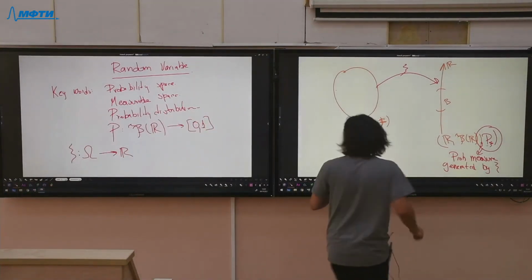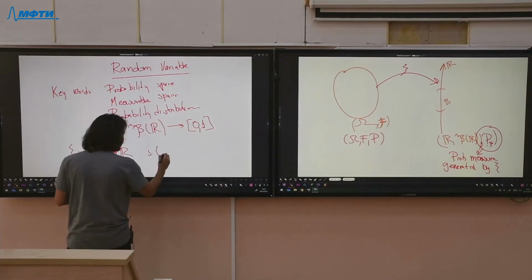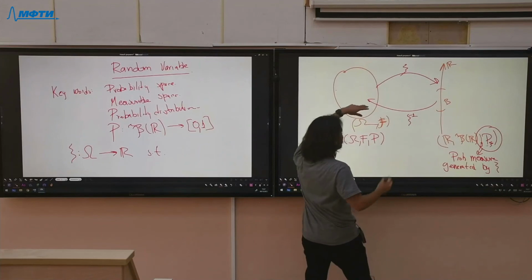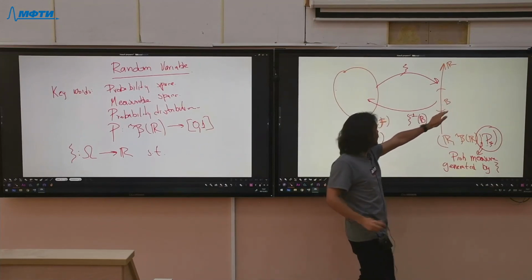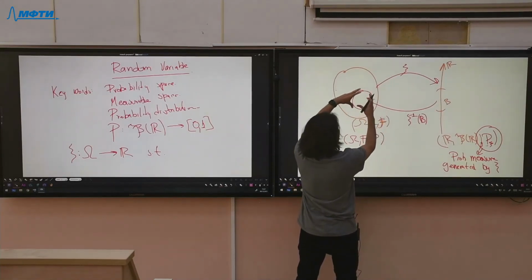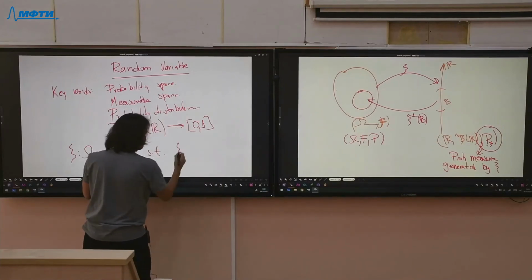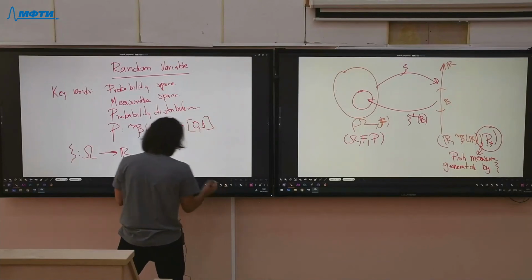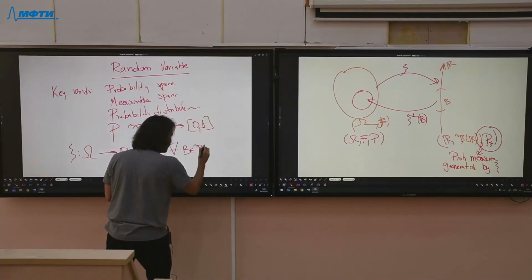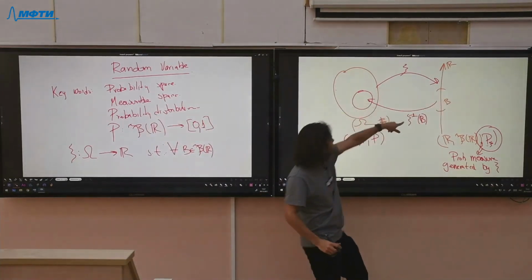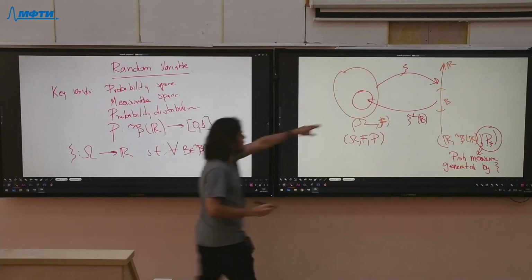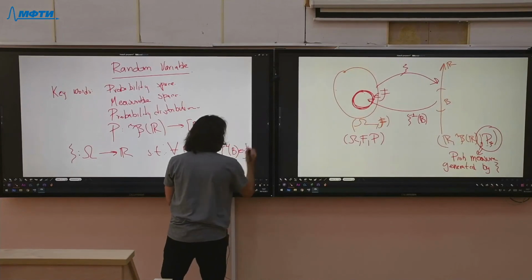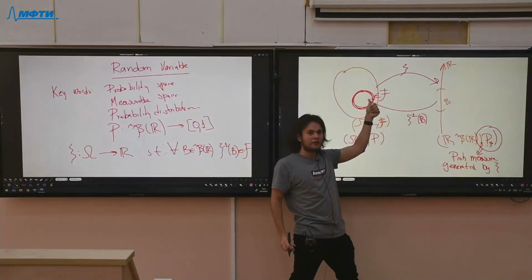And we already know that a function is measurable if the preimage psi minus 1 of any b from here is some set that has to be an element of F. So this preimage has to be an event, an element of F.